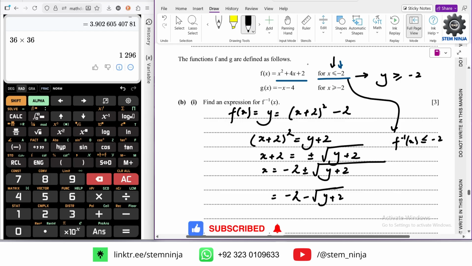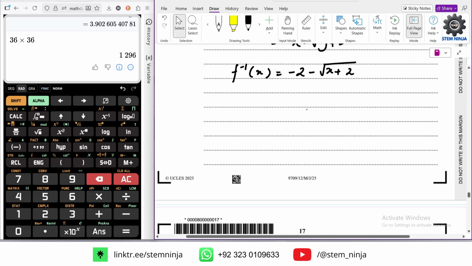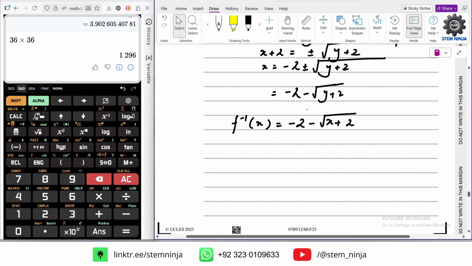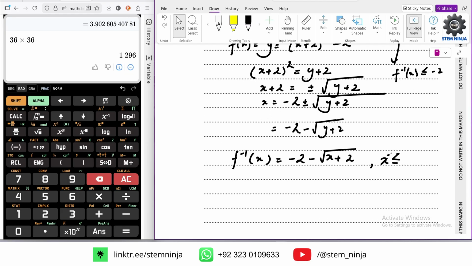So you will get the answer: f inverse of x equals minus 2 minus square root of x plus 2. And if they haven't asked for the range or domain, we can say that x is greater than minus 2.